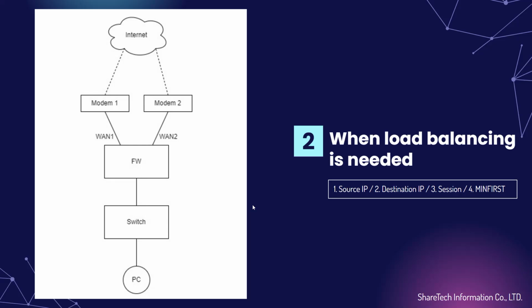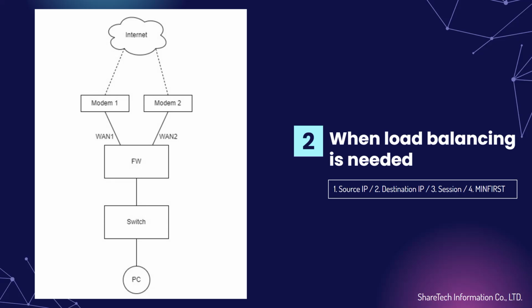In the diagram on the left, we assume a scenario where I have WAN1 and WAN2, both of which are designated gateways to the internet. However, WAN1 has a higher bandwidth, while WAN2 has a lower bandwidth.